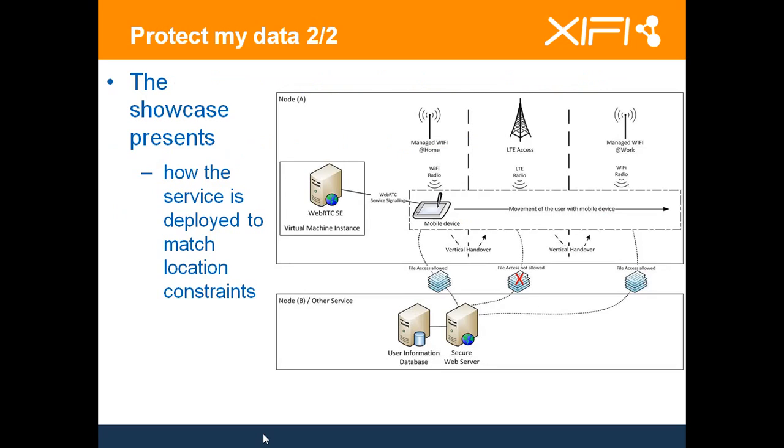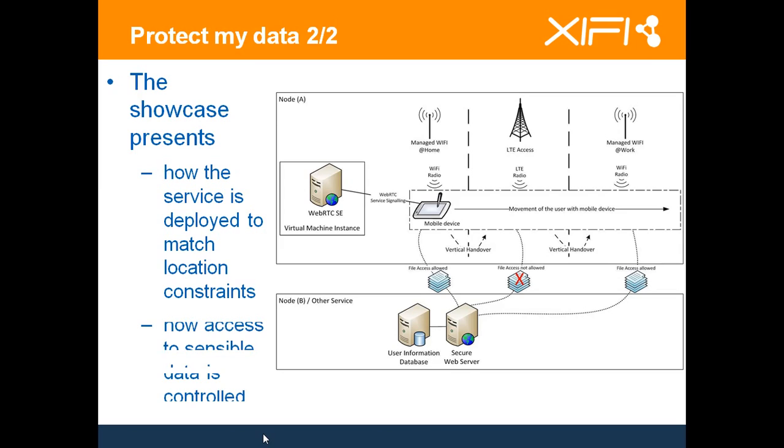The first is how the service is deployed to match location constraints, particularly how the service is easily deployed in a way that the logic of the application is present in one data center, in this case the Berlin node, node A in this picture, while the user sensitive private data is located on another node, the Trento node, node B in this picture.